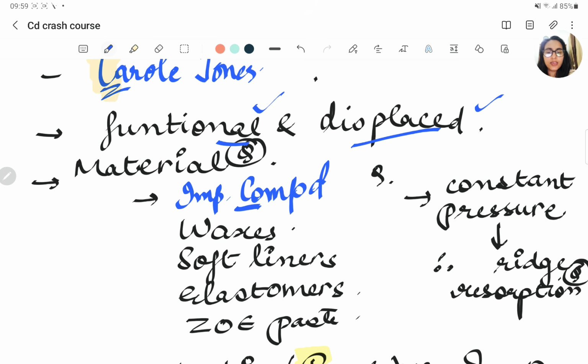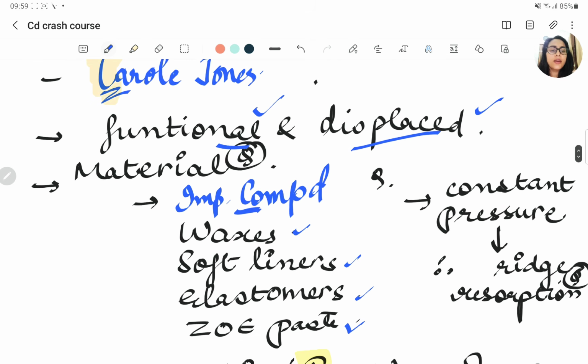Also, the mucocompressive technique is used with waxes, soft liners, elastomers, and zinc oxide eugenol paste, and constant pressure is applied. When you are putting too much pressure, there is going to be increased residual ridge resorption. So when you are using this impression compound alone, after that we use the selective. In the diagnostic impression, we take using the impression compound for a complete edentulous, that is a CD patient.